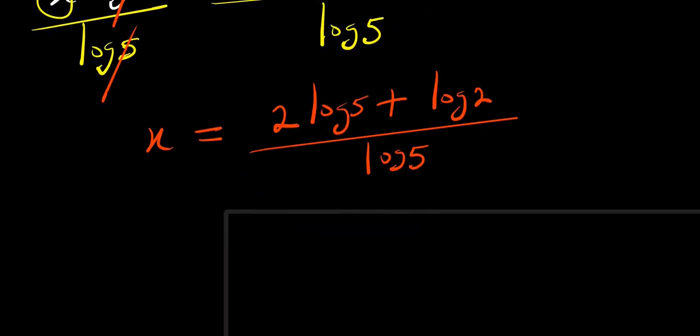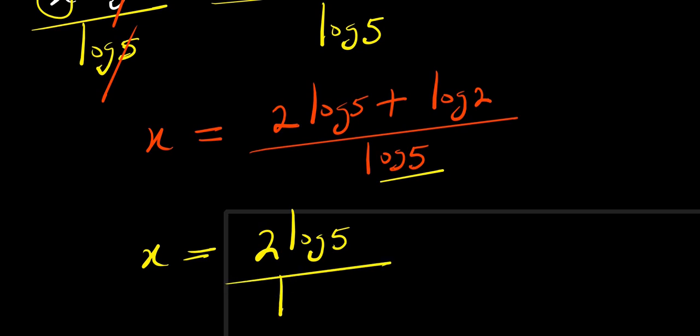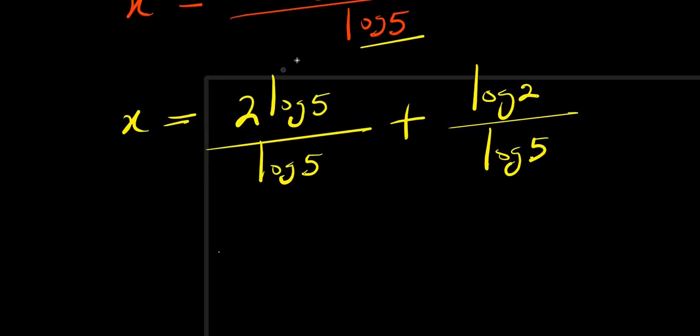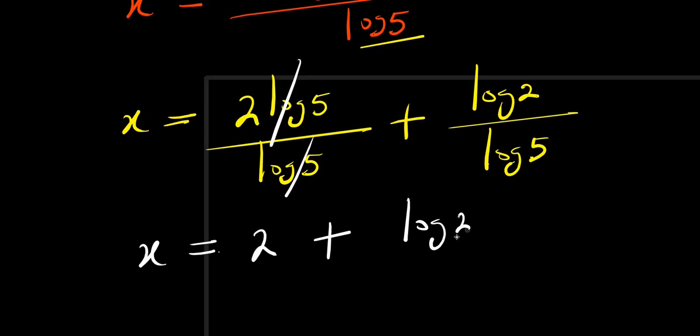So from here, what I can do will be to divide each term by the common denominator: x equals 2 times log 5 divided by log 5 plus log 2 divided by log 5. So from here, log 5 cancels log 5, and x equals 2 plus log 2 divided by log 5.